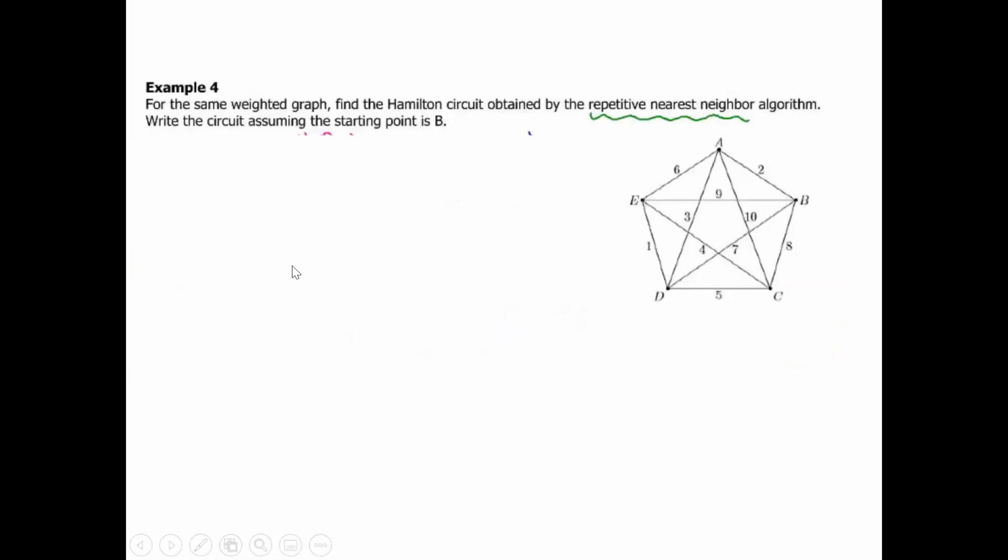Example 4, for the same weighted graph, find the Hamilton circuit obtained by the repetitive nearest neighbor algorithm. So I'm going to start off with A. If you start with A, the nearest neighbor will be A to B because it's 2.